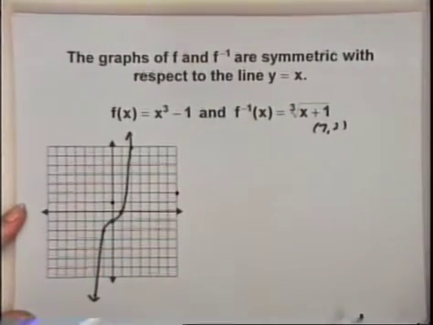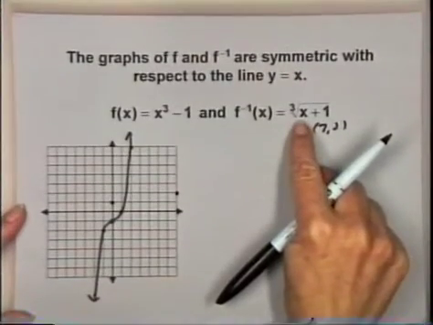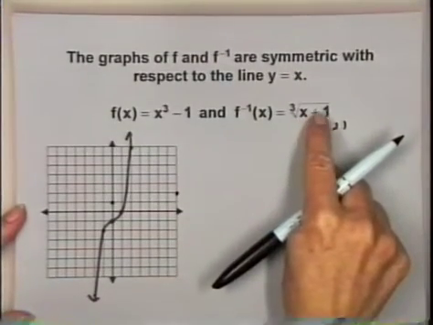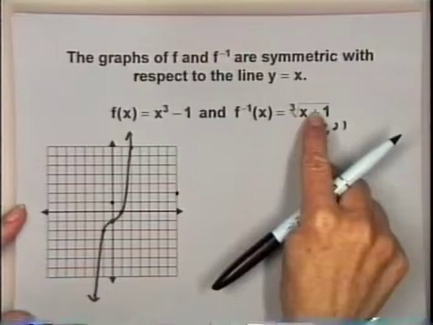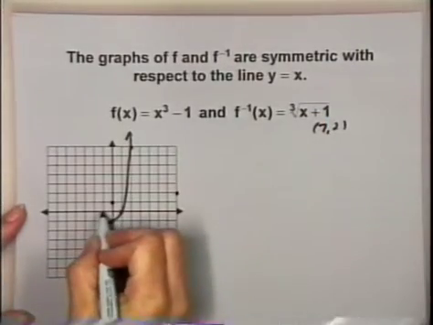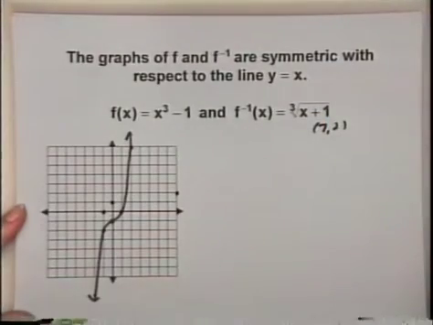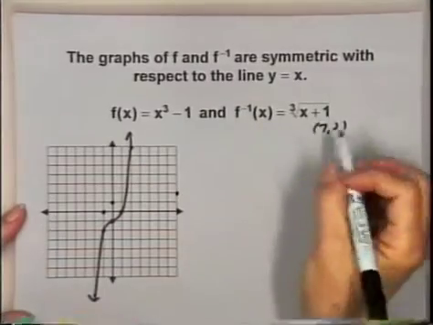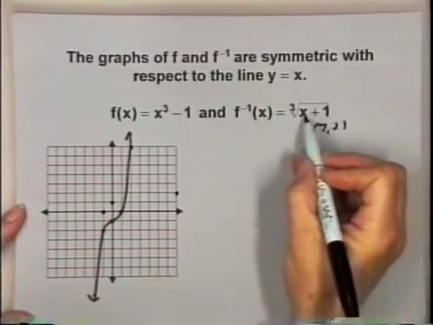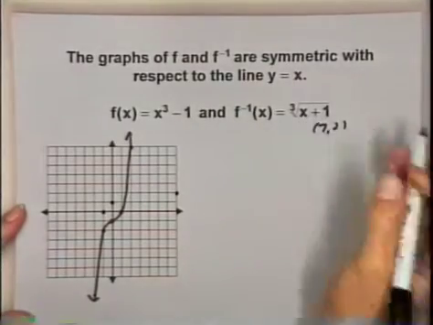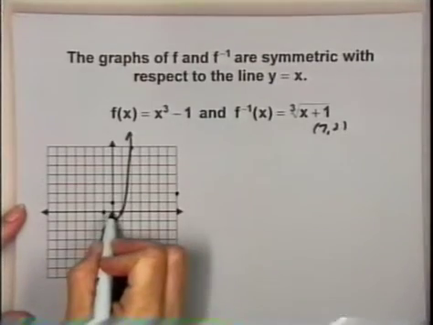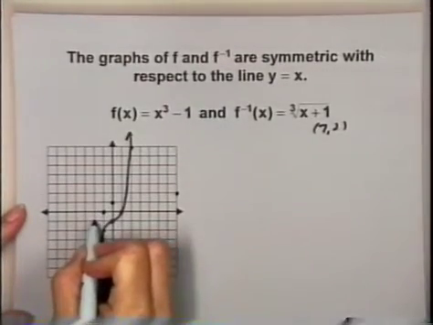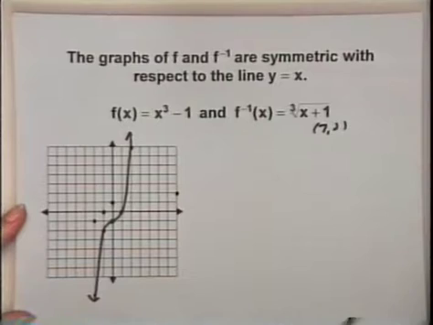Okay? Notice if I choose x to be negative 1, negative 1 plus 1 is 0. The cube root of 0 is 0. So x equals negative 1 gives me y equals 0. If x is negative 2, negative 2 plus 1 is negative 1. The cube root of negative 1 is negative 1. So whenever x is negative 2, I get negative 1.